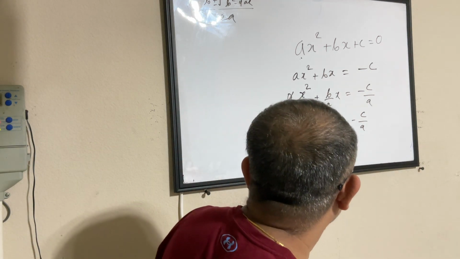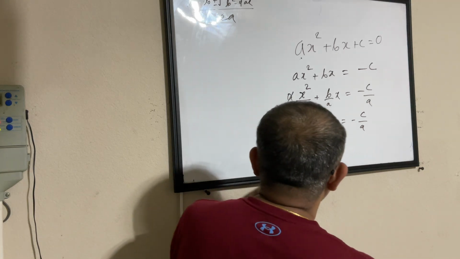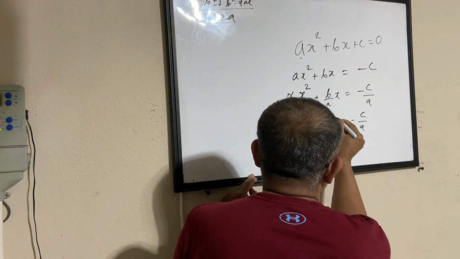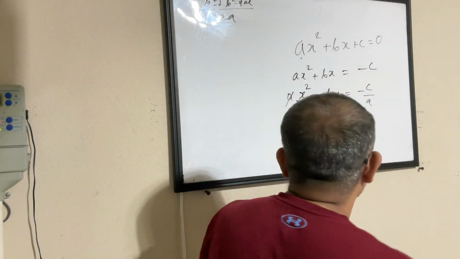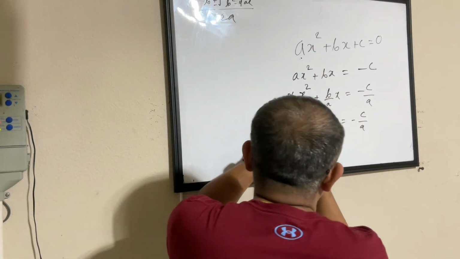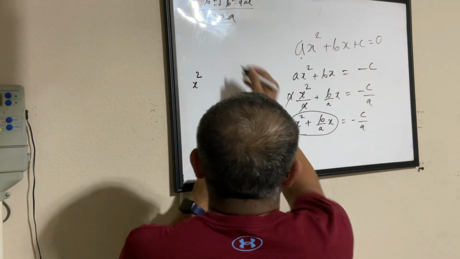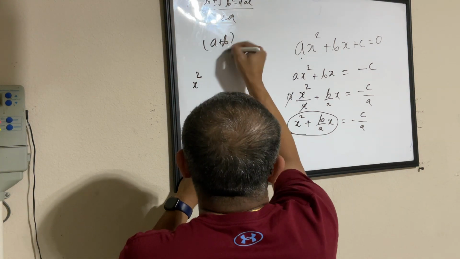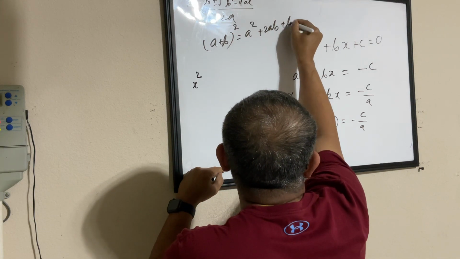Now, there's something interesting happening here. I'm trying to see, can I get this like something plus something whole squared? So I have x squared. a plus b whole squared, you should remember, is nothing but a squared plus 2ab plus b squared.